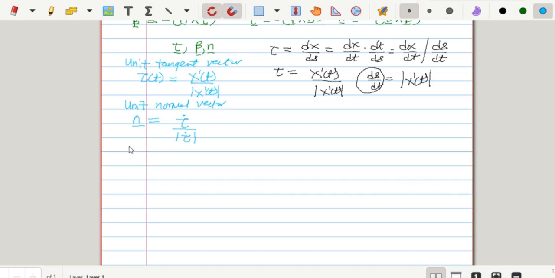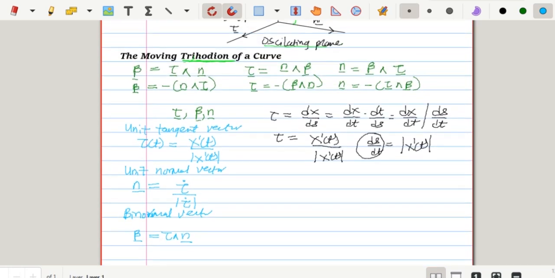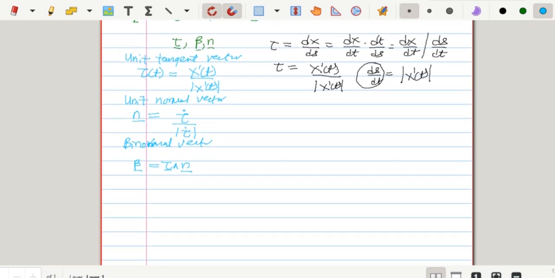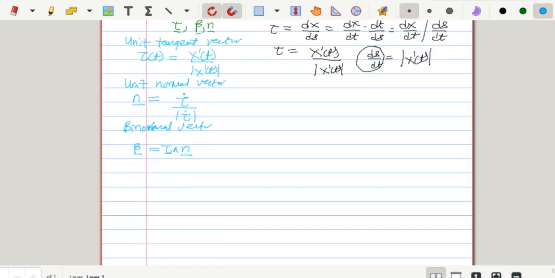And then lastly, we'll look at our binormal vector. Our binormal vector beta is given as tau cross n, and we can see it from here. So it's just as it is from there.